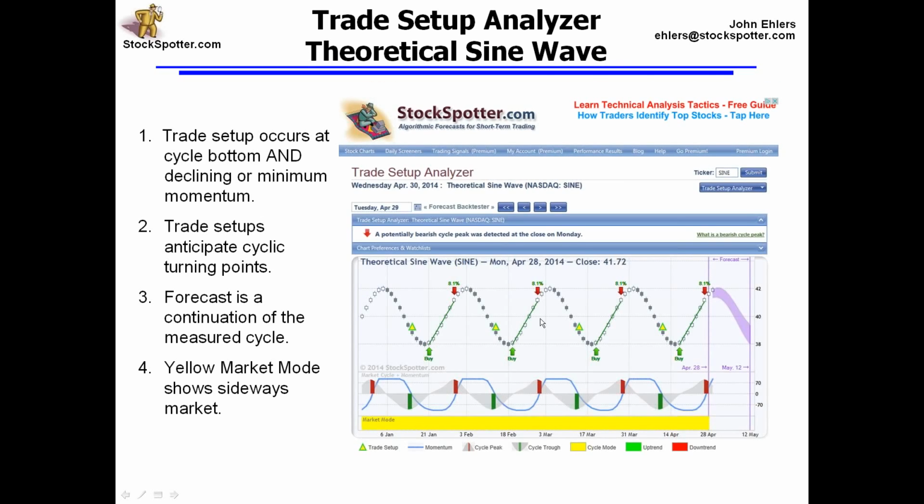I bumped something. The blue line here is a momentum indicator, very similar to a stochastic. It has the lag that you would have in a stochastic, and is showing basically the momentum of this theoretical sine wave.